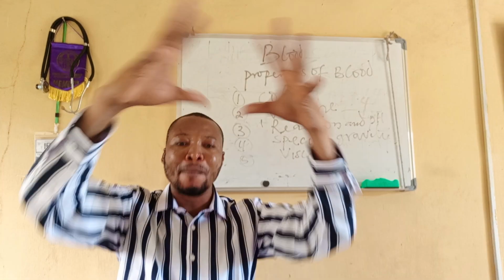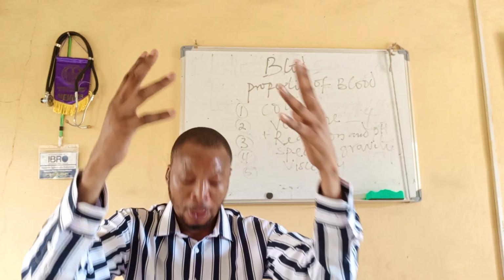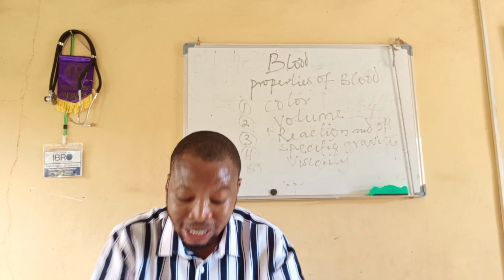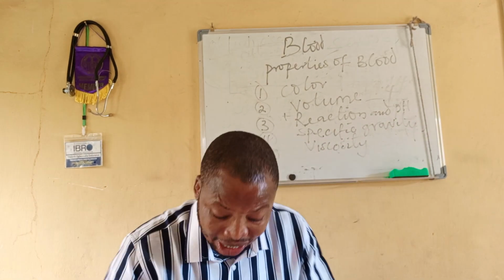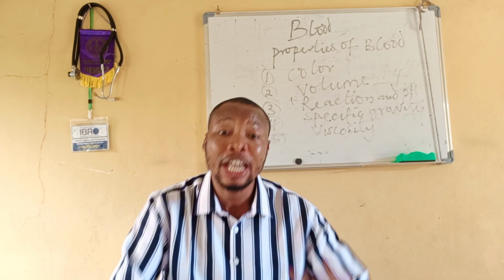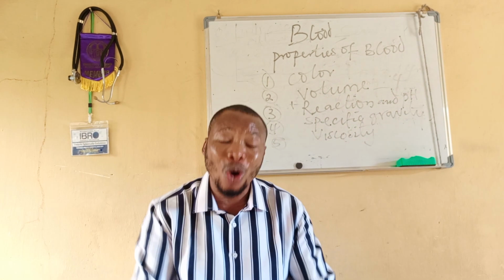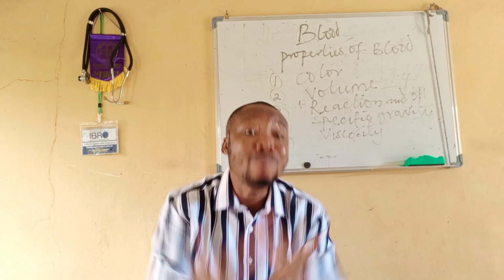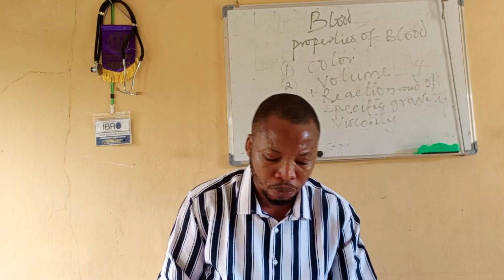Then the next function of blood is the storage function. How do blood carry out storage function? Water and some important substances like proteins, like glucose. You know, glucose is in high demand in the brain. The only language the brain understands is glucose. And blood is a reservoir already made of all these substances. They are present in the blood.